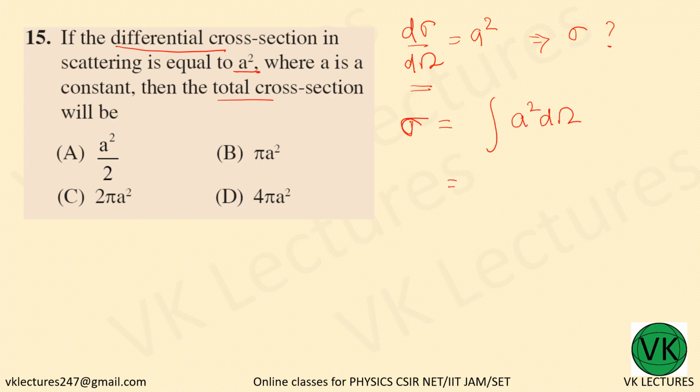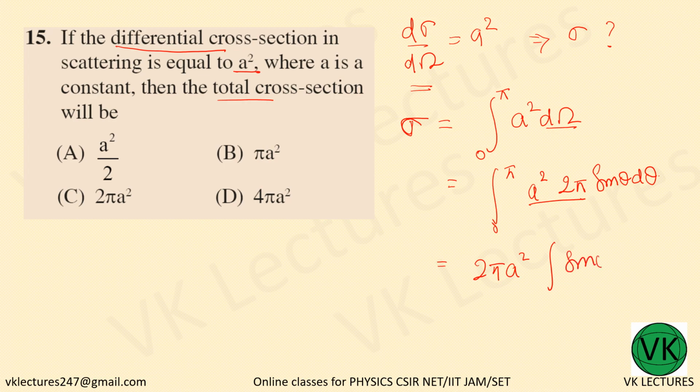That's equal to integral from where to where? 0 to pi. So integral 0 to pi of a square d omega, where d omega is nothing but 2 pi sine theta d theta. So 2 pi a square will come out because this is a constant. So 2 pi a square into integral sine theta d theta from 0 to pi. This value is nothing but 2.